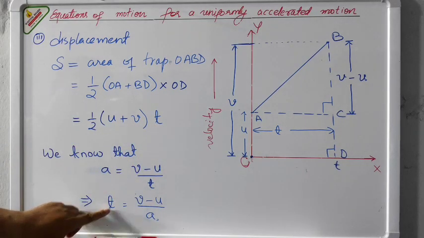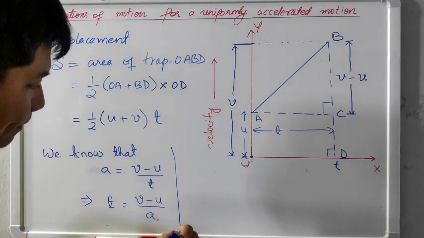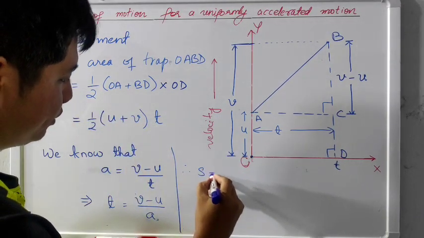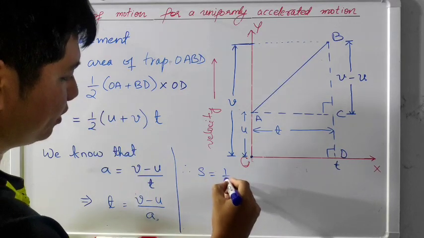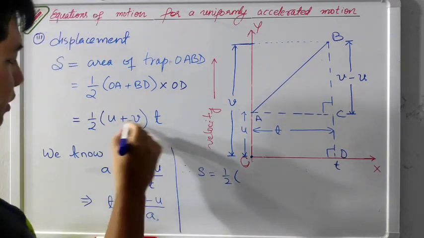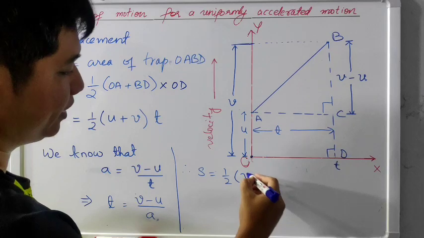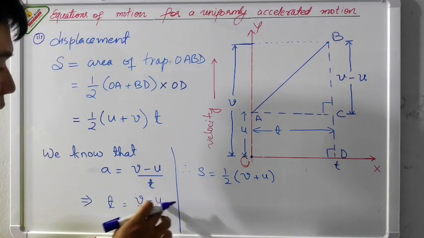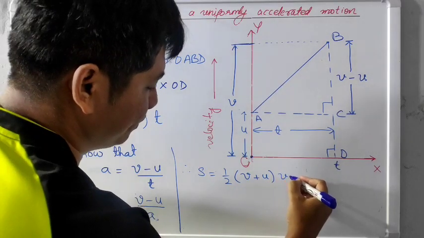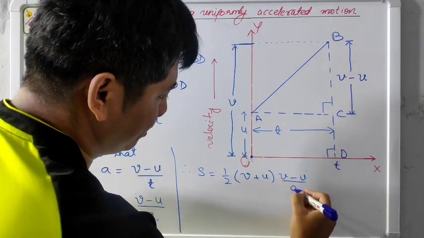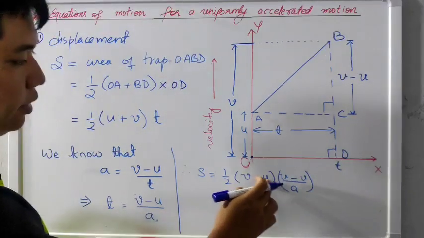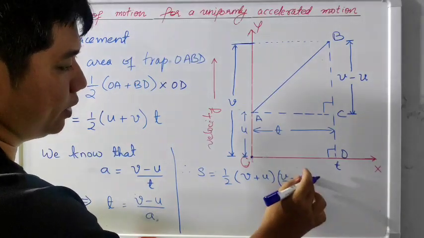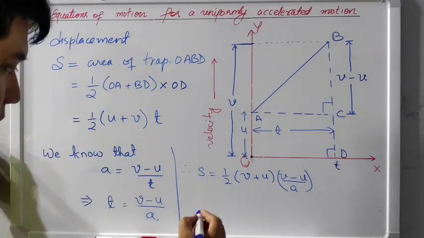What do we get? We get s equals half, let us rearrange this, v plus u, and t is v minus u by a. I write in this order because it is in this order. Then what do we get?